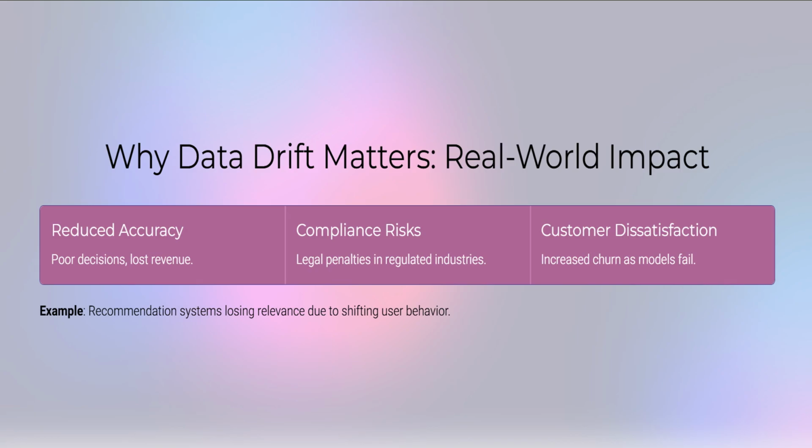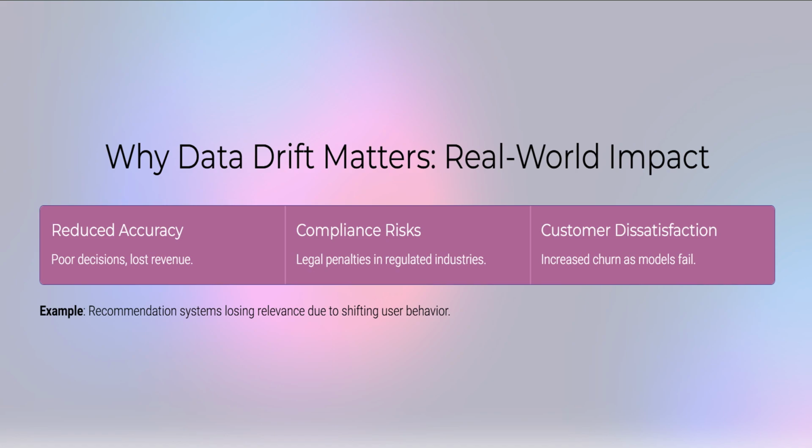Why data drift matters for real-world impact. This slide outlines the critical business implications of ignoring data drift, moving from the technical definition to real-world consequences. It presents a table summarizing three major areas of impact. Reduced accuracy leads to poor decision making and ultimately loss of revenue.